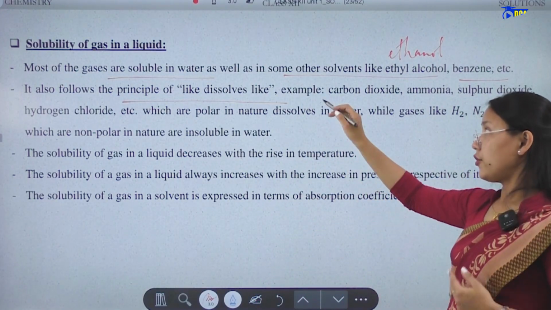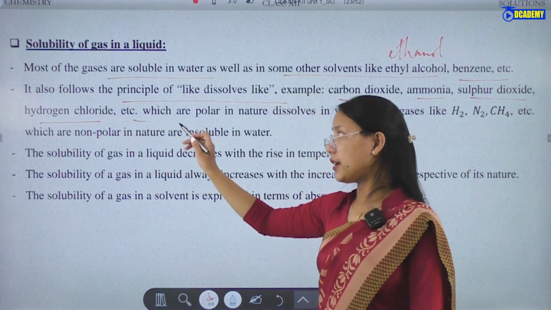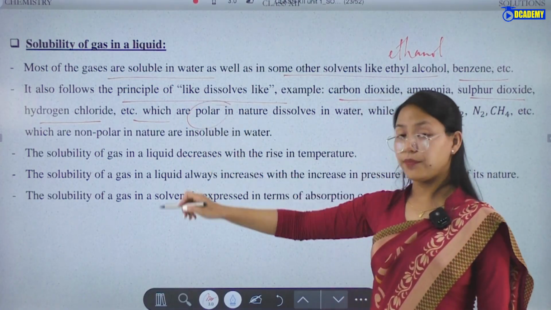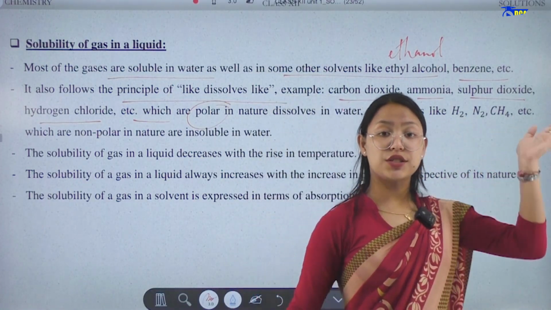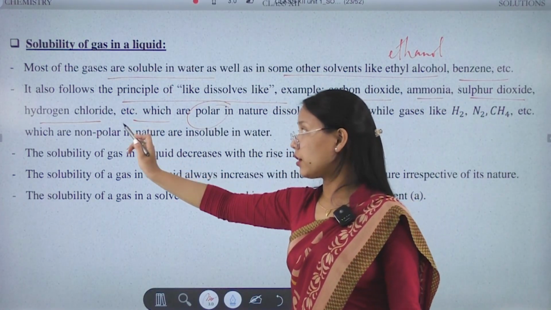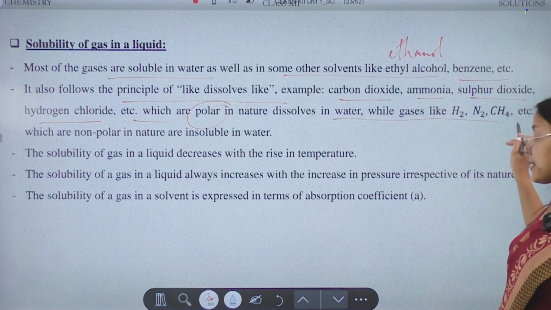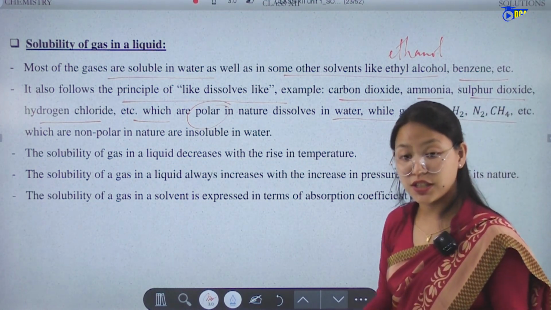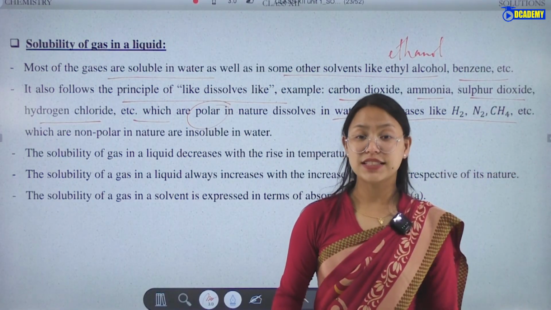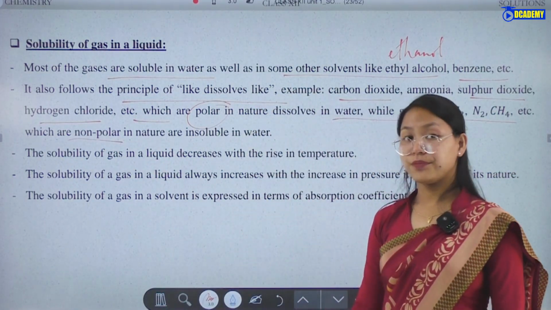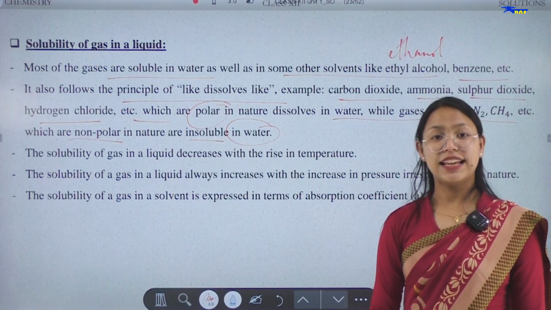For example, carbon dioxide, ammonia, sulfur dioxide and hydrogen chloride are polar in nature. While gases like hydrogen, nitrogen and methane in molecular form are non-polar, and are insoluble in water.